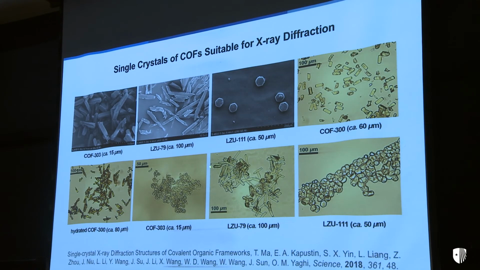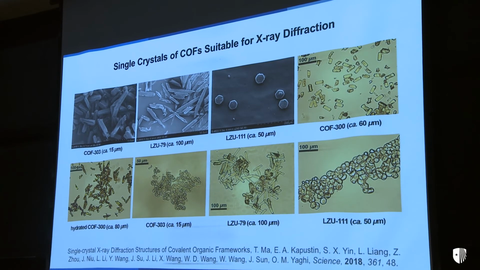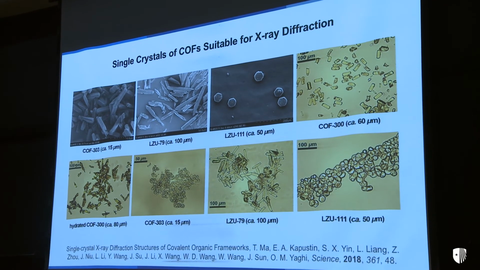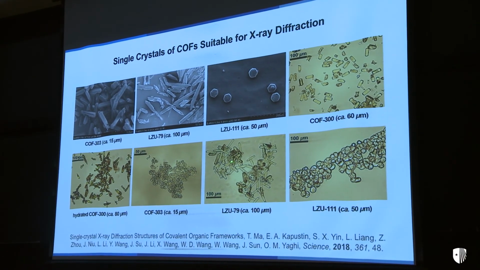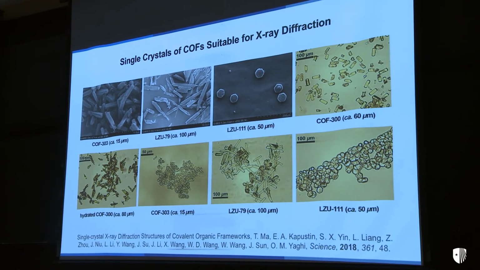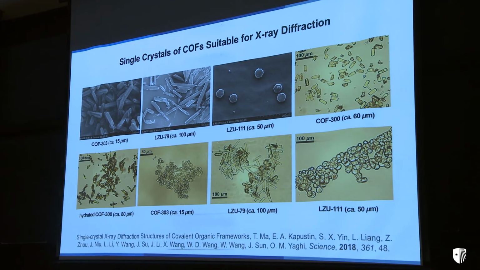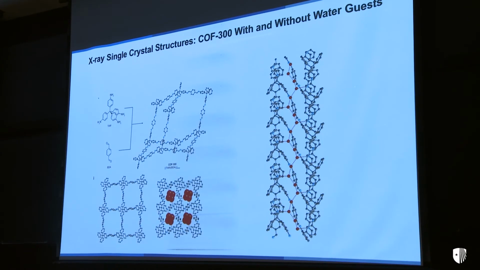So these are the first single crystals of any 2D, 3D organic material. These are crystals that are very much within the range that you do in a laboratory X-ray single crystal diffraction equipment. Did we get the crystal structures right?